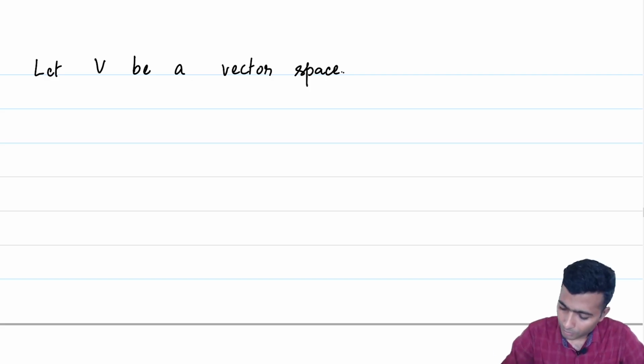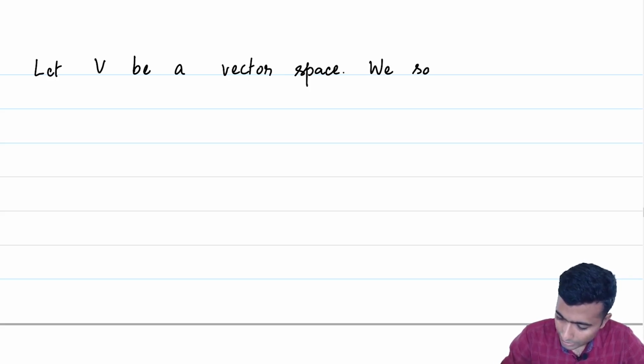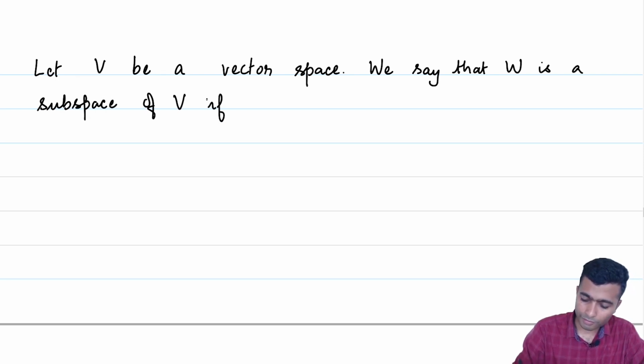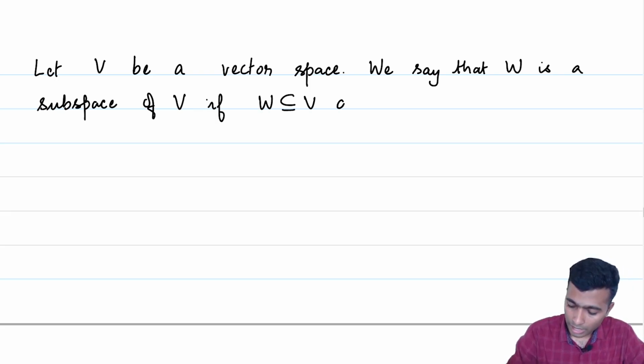So, let us note it: let V be a vector space. We say that W is a subspace of V if W is contained in V and if the following two conditions are satisfied.